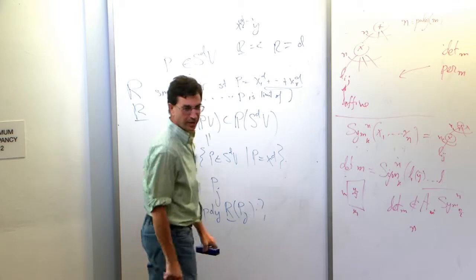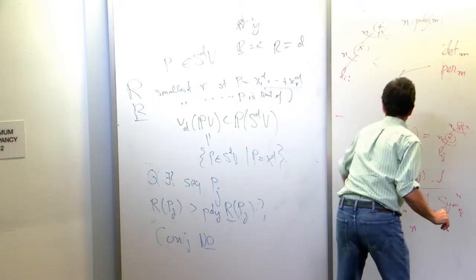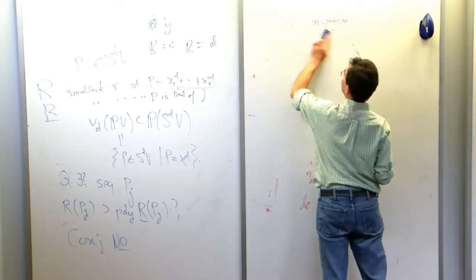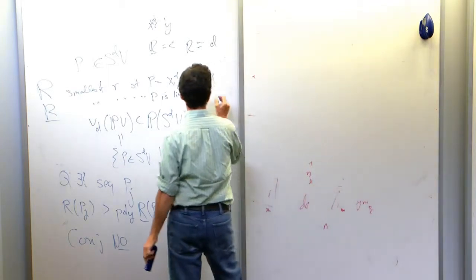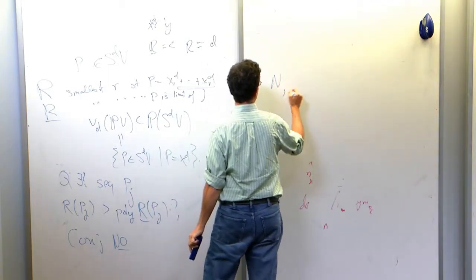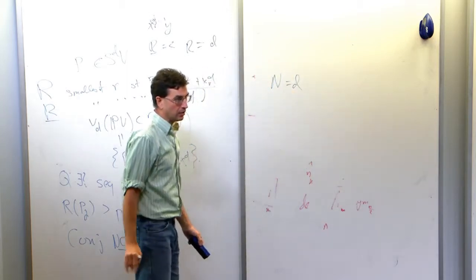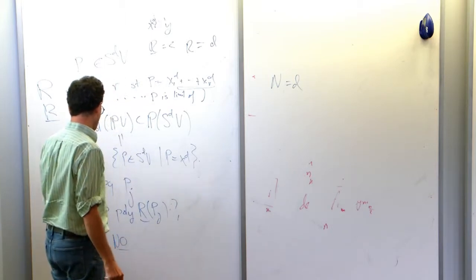Yeah, I agree. Otherwise, the answer is true. Exactly. So let's see. We have n, the number of variables, and d, but let's just set n equal to d without any loss of generality, so we only have one parameter to worry about.